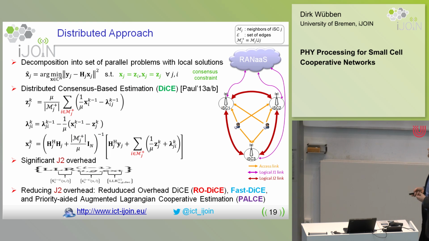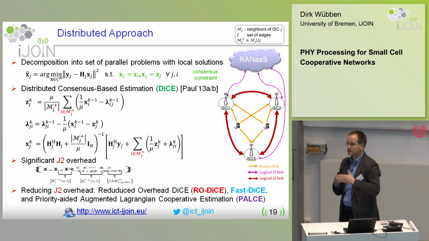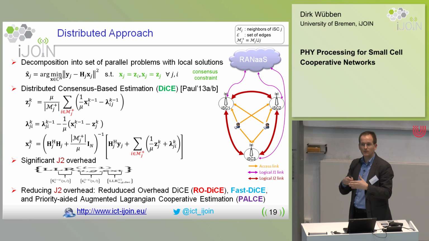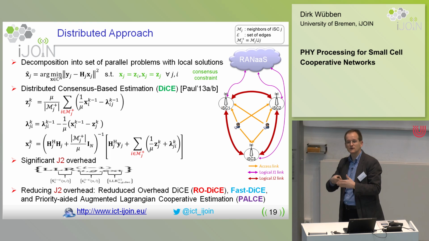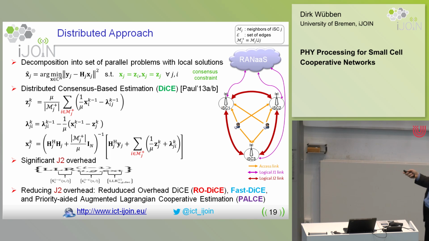The approach that we are tackling is that we are decomposing the centralized optimization problem into a set of problems per ISC, and then we are introducing a kind of coupling constraint, achieving that the estimates in the different ISCs for the users become more and more the same as the iterations increase.